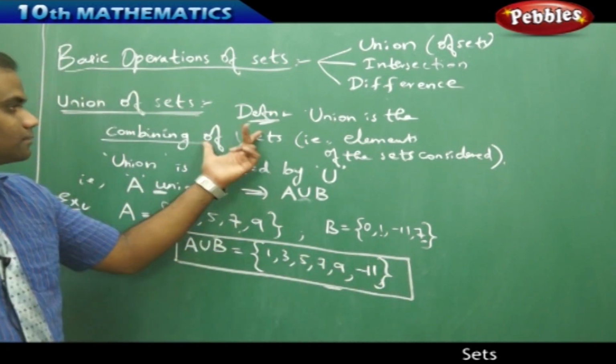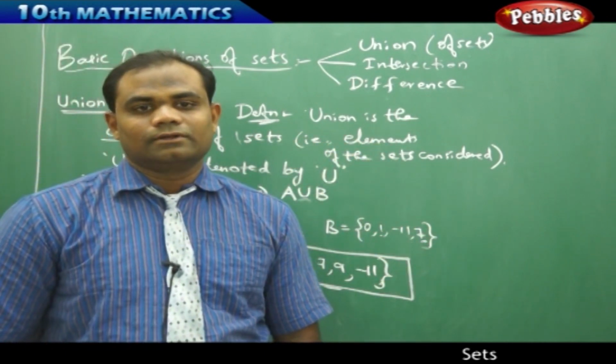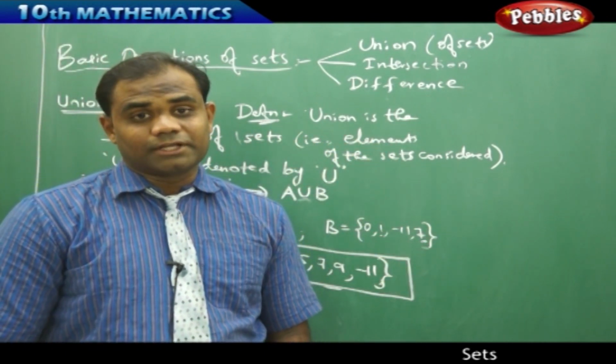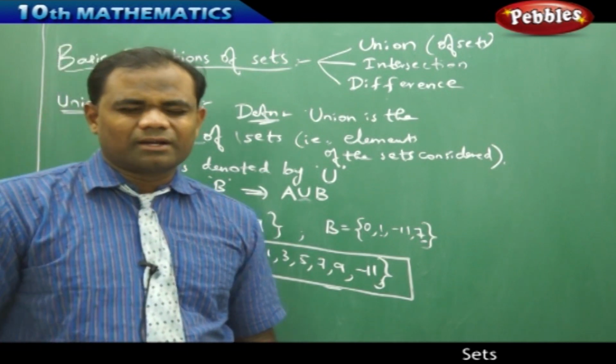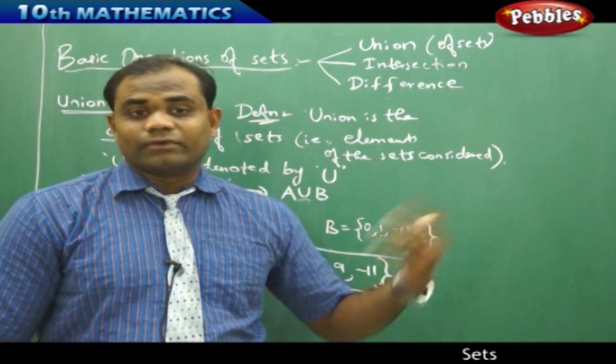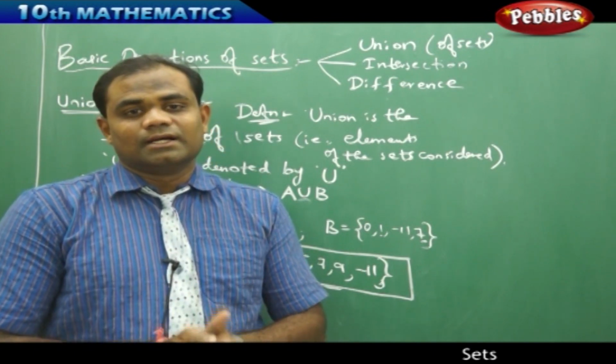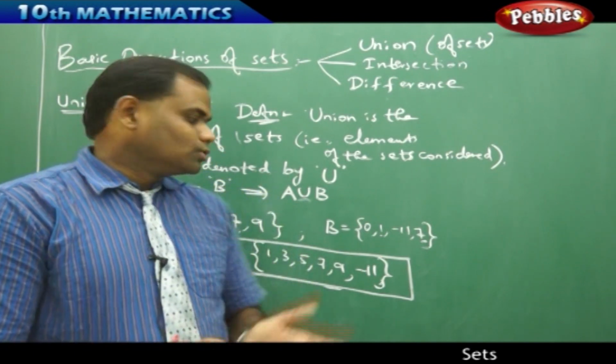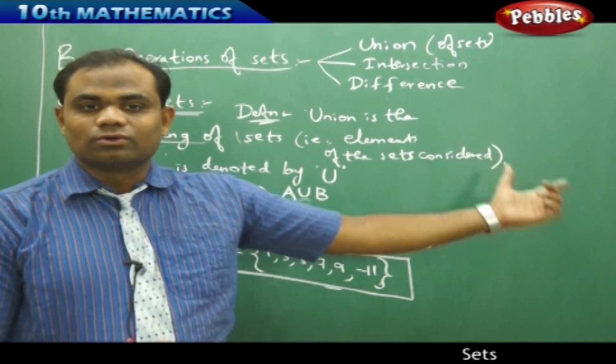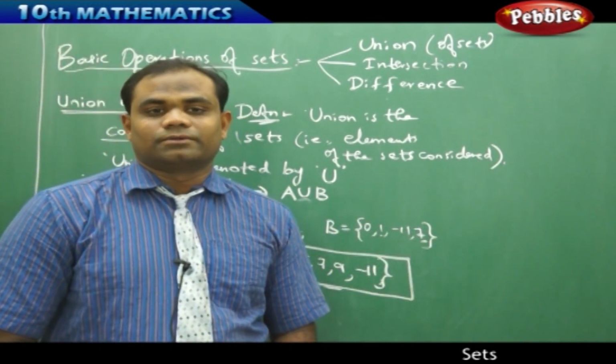This is how I understand the concept of union, with its respective definition. Now let's see the Venn diagrammatic representation of union. How do I represent the union in a Venn diagram is also very important, because when I understand the concept of sets, I understand the sets both through the algebraic approach and also through the Venn diagrammatic approach.